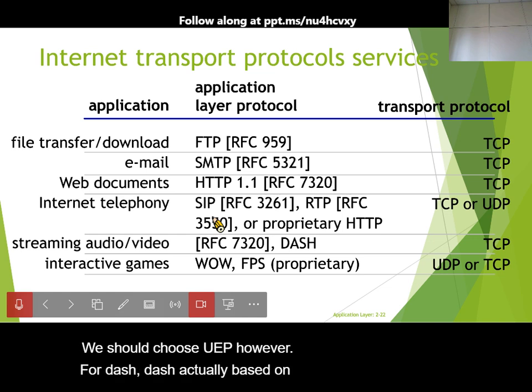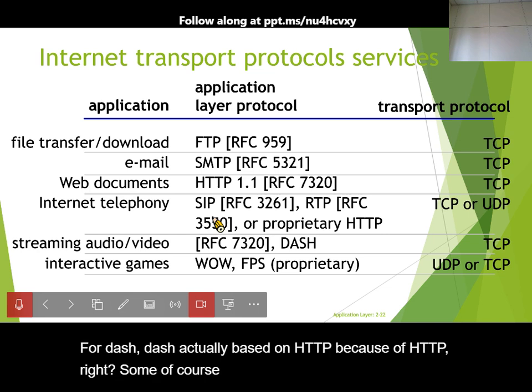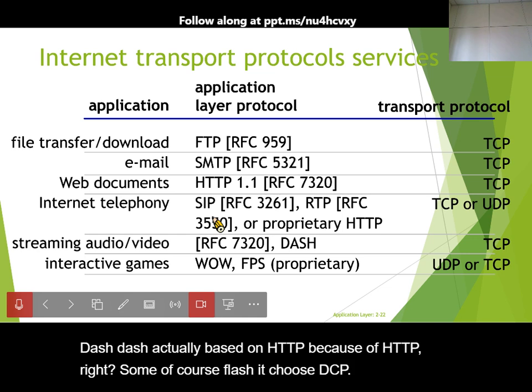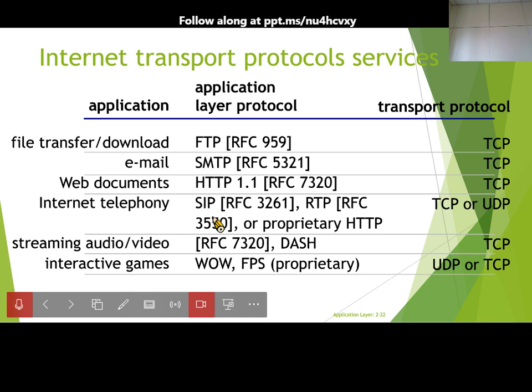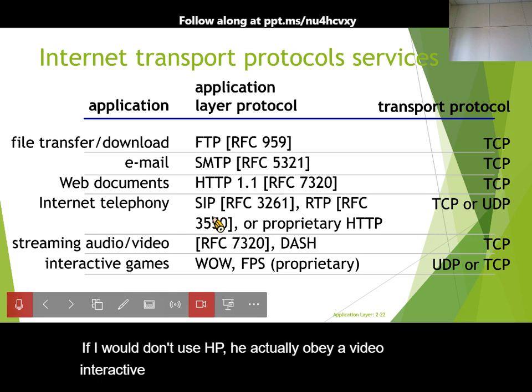Because of HTTP, of course for DASH we choose TCP. If we don't use HTTP, actually audio, video, interactive games, internet telephony, normally we prefer UDP because it is faster.